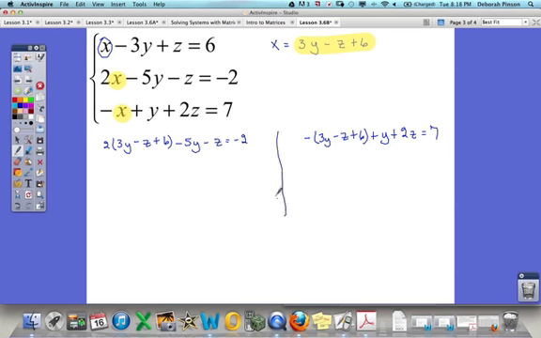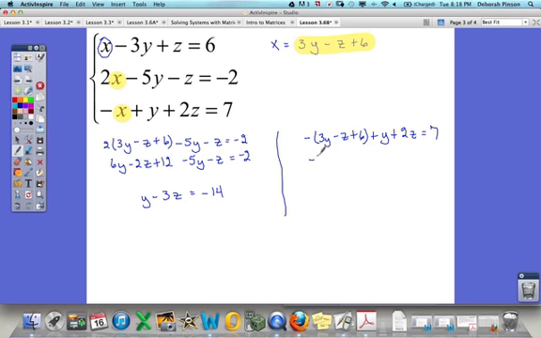Now all I'm going to do here is clean these up. So I'm going to distribute. Combine like terms. Move the 12 to the other side. Okay, that's great.